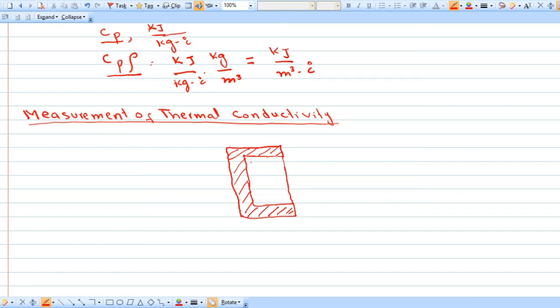This is insulation and this is the sample. We place an electric heater here of known resistance and known work input. This power input, for example in watt, is also equal to the rate of heat being transferred from this heater through this material to the outer face.